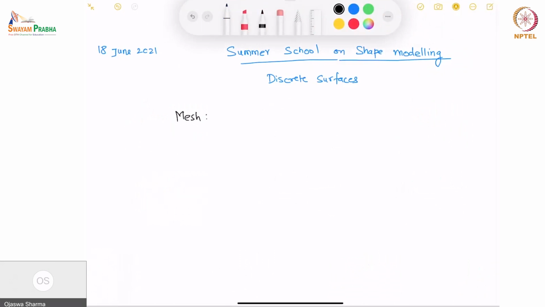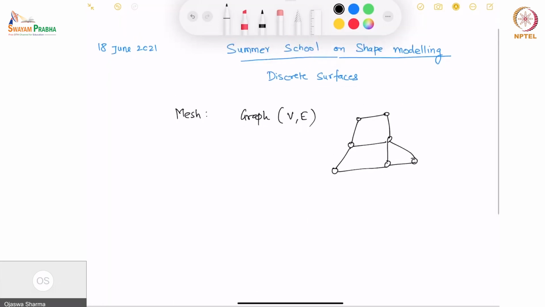A mesh is a graph that has vertices and edges. It's a connectivity, so you have nodes connected with edges. But it's a special type of graph. It's a graph that has a lot of cycles.